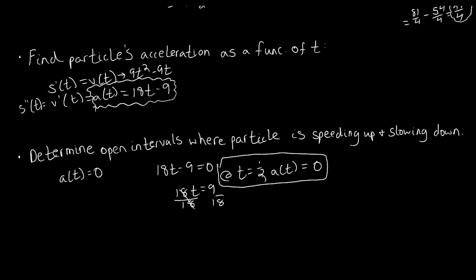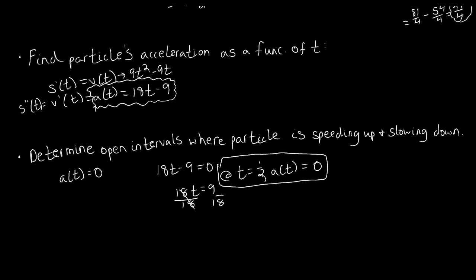So let's go back and talk about what it means for a particle to speed up or slow down. In order to determine that, we can't use the simplistic approach we did with velocity of just figuring out where it's positive and negative and having that be our answer. We need to also take the direction of its movement into account. And that's our results from our analysis of velocity, right?